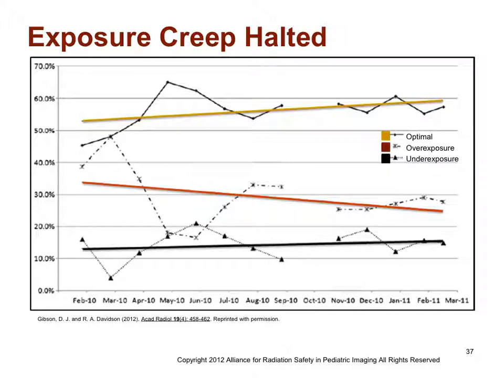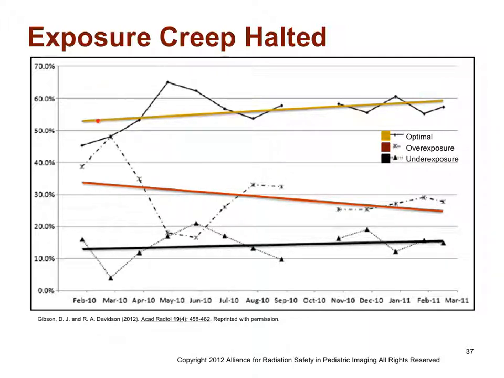And what you can see here is because of that intervention over that study period now, it took some time to install that intervention. But looking at that from February of 2010 through March of 2011, so just over a year in terms of the study period, they have reversed the trends.